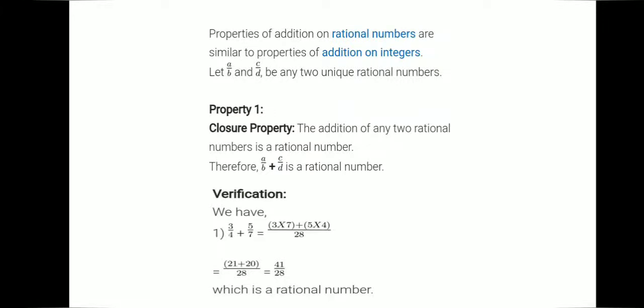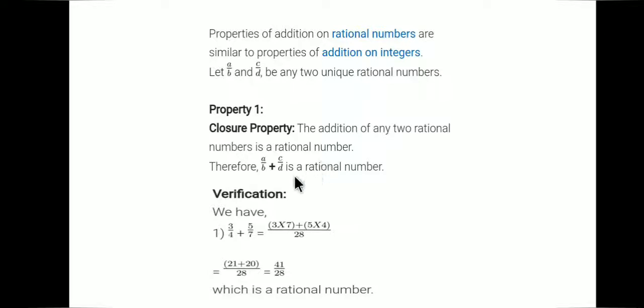Let's begin. Consider any two rational numbers a upon b and c upon d. Then the first property is the closure property. The addition of any two rational numbers is a rational number.